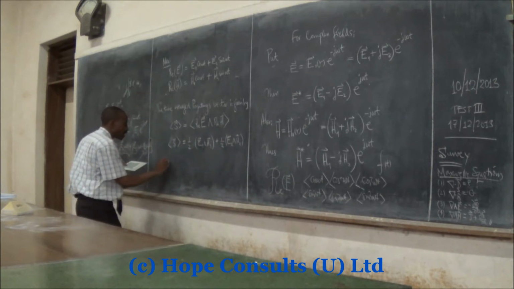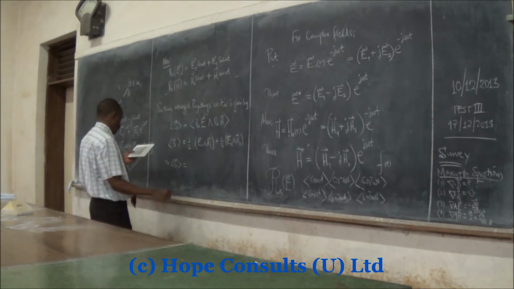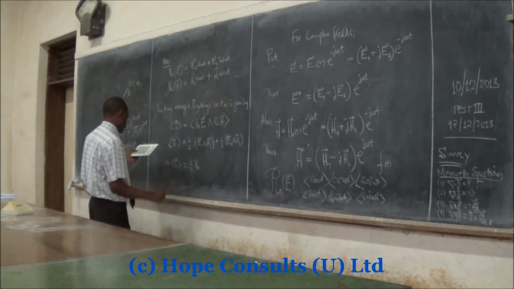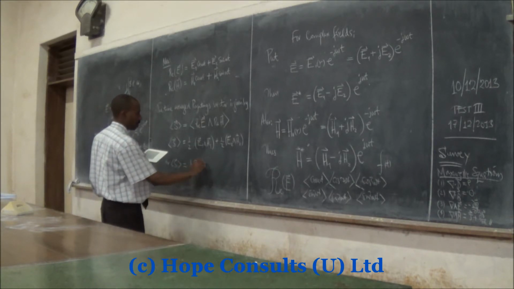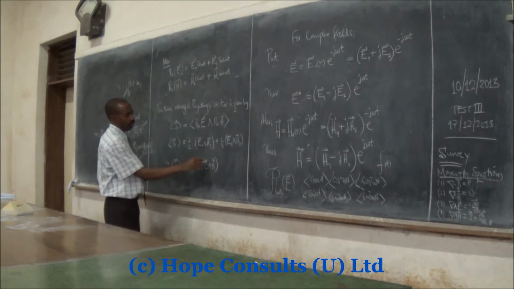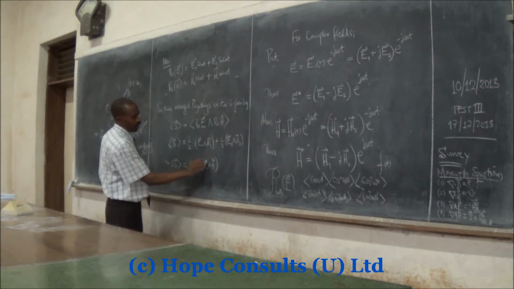Or we can write our average Poynting vector S as being the same as a half simply real of E cross H, where E1 and E2 are components of E, and H1 and H2 are components of H.